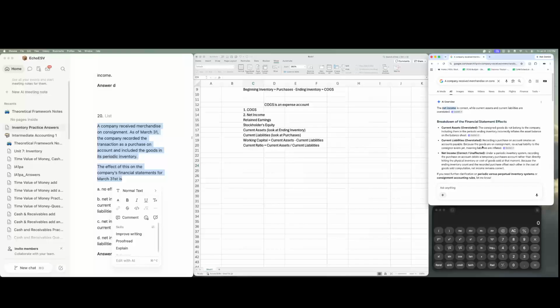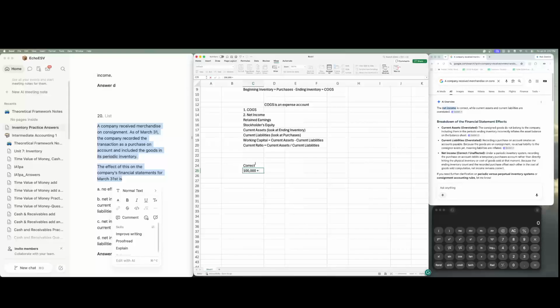So they wouldn't have to even record that as a purchase, actually. For example, let's say the beginning inventory is correct, 100,000. But with consignment, they don't actually purchase it or own it.